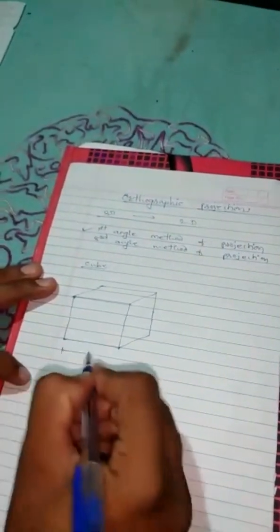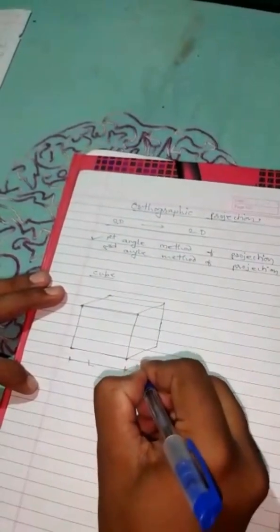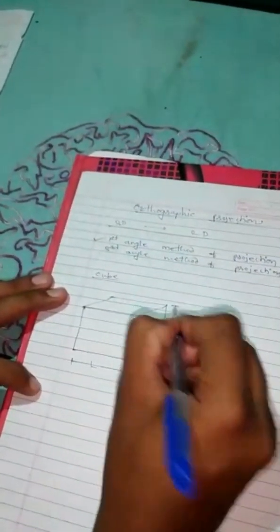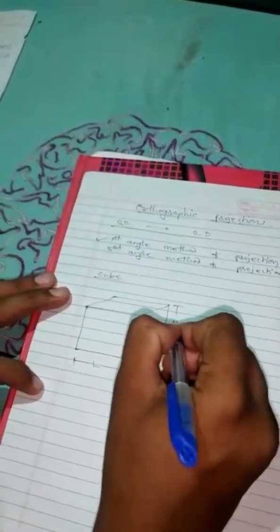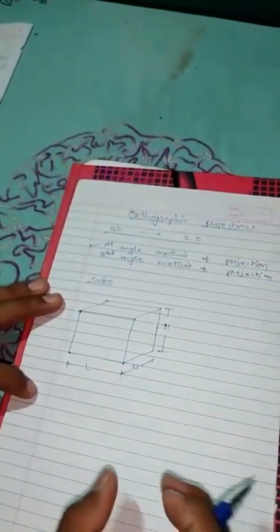This will be the length of the cube, this will be the width, and this will be the height.